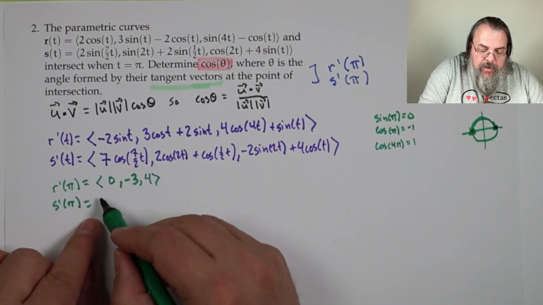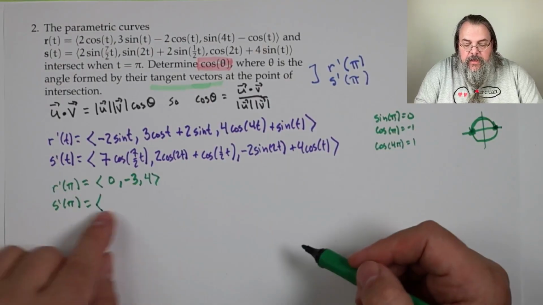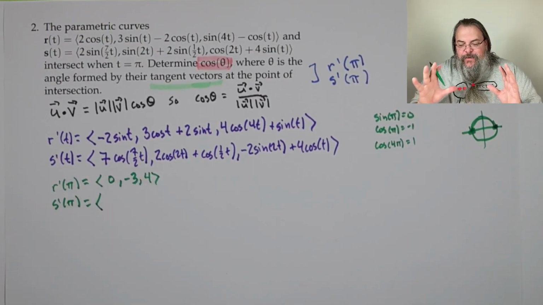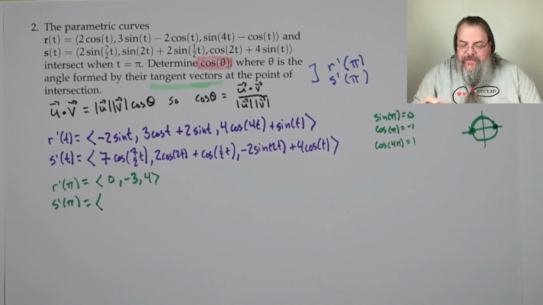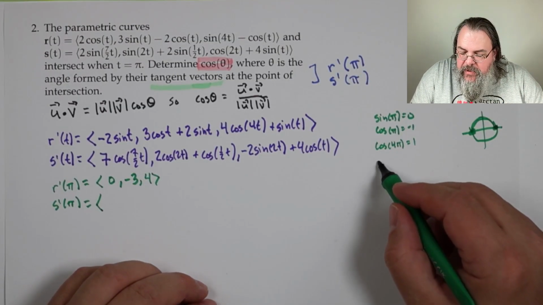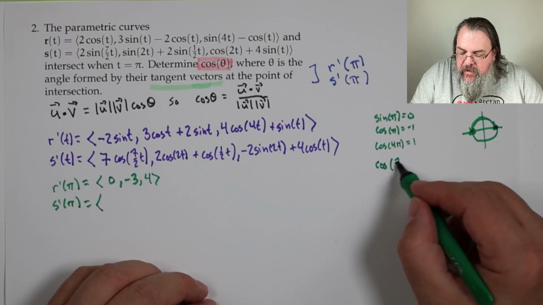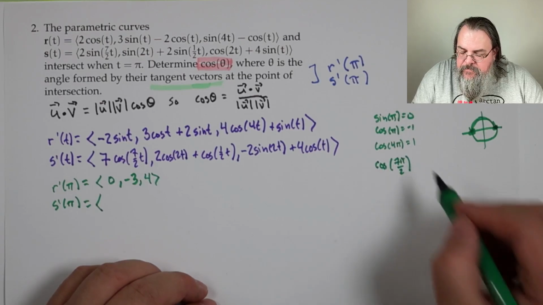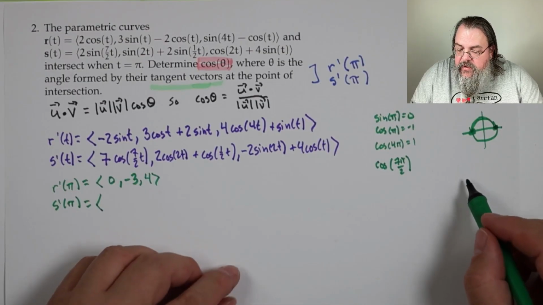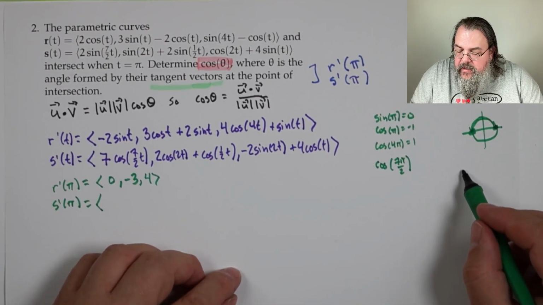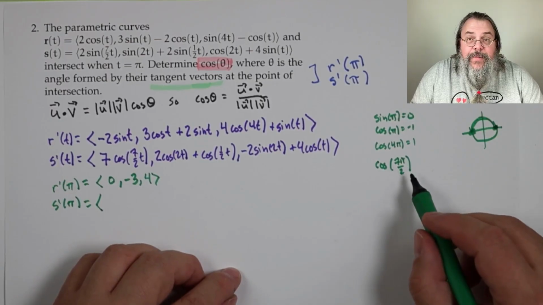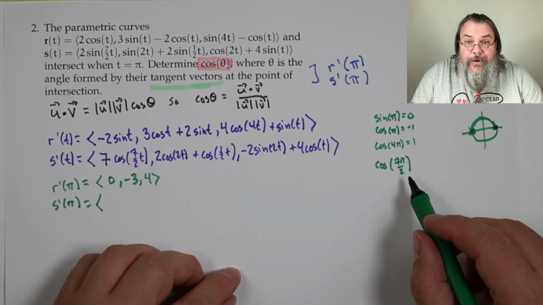Okay, s prime of pi. What do we have? Okay, cosine 7 pi halves. So we have to think about where is 7 pi halves. And that can be a little bit tricky, but what is 7 pi halves? Well, if we think about 7 pi halves, it's almost 8 pi halves, right?